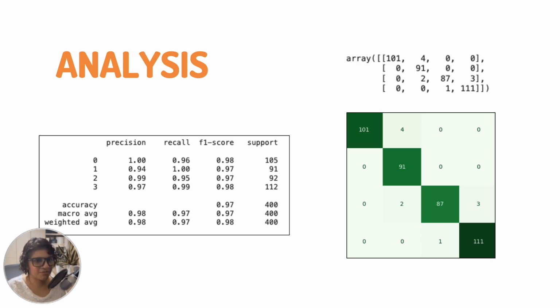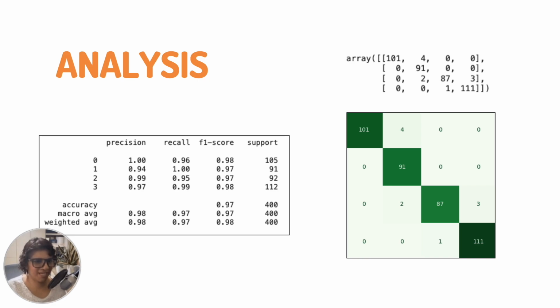Next, class 2. 87 correct predictions for class 2 makes the precision almost perfect, which is 0.99. Recall is slightly lower because 2 samples were predicted as class 1 and 3 instances were predicted as class 3.